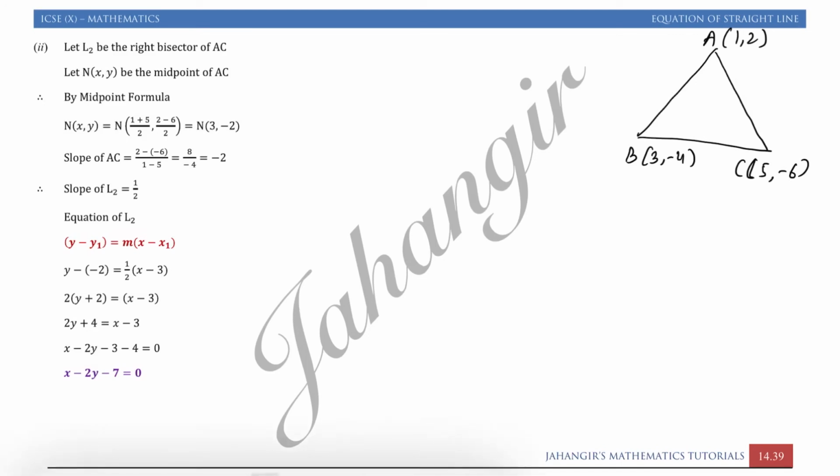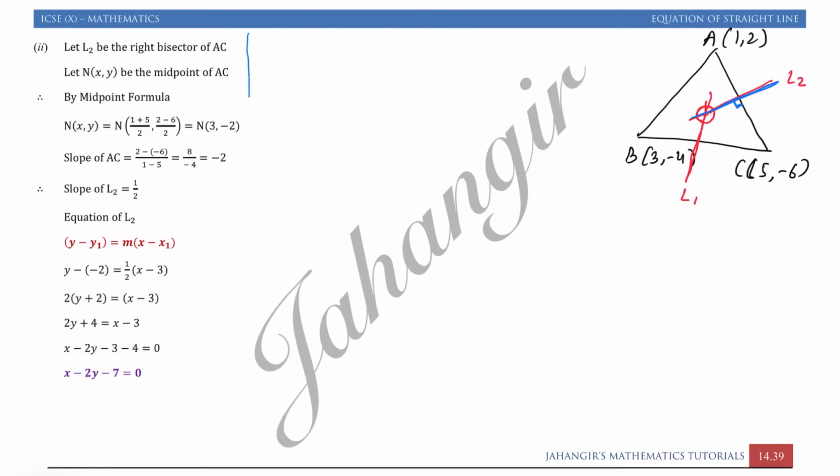Now we need to find the right bisector of AC. AC is this. The right bisector L1 was this. This is L2. And this is the point of circumcenter. Circumcenter is the point of intersection of two right bisectors, sorry, perpendicular bisectors, not altitudes, perpendicular bisectors.